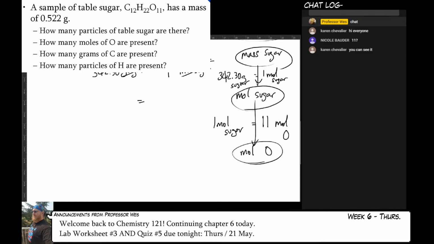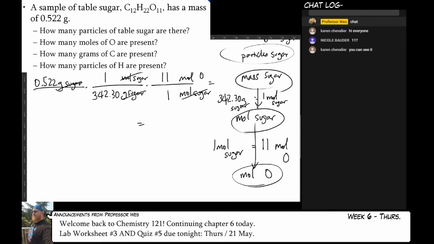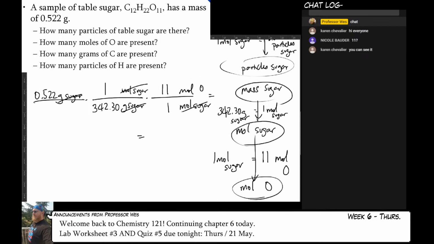Oh, I didn't draw a line, did I? Whoops. There it is. I forgot. My apologies. Same setup as before, but the last unit, we're going to do moles of sugar turning into moles of oxygen.